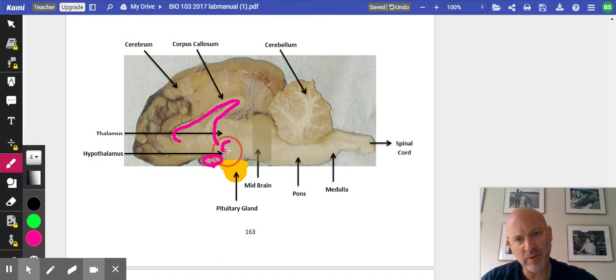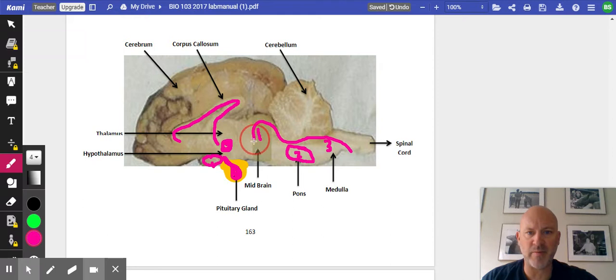The thalamus would be behind it over here. The pituitary gland would dangle like this out in the very front. Again, the brain stem has three parts: the midbrain, the pons has a nice barrier around it, and then the medulla. This is all brain stem right here. So remember, the brain stem controls all the involuntary functions.